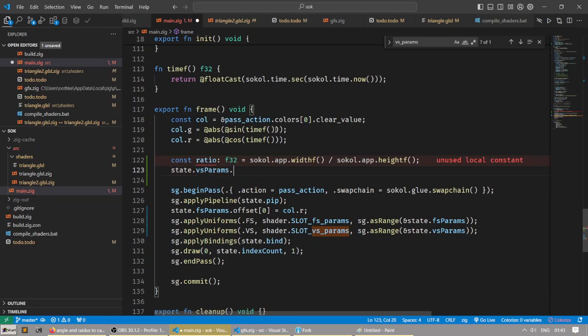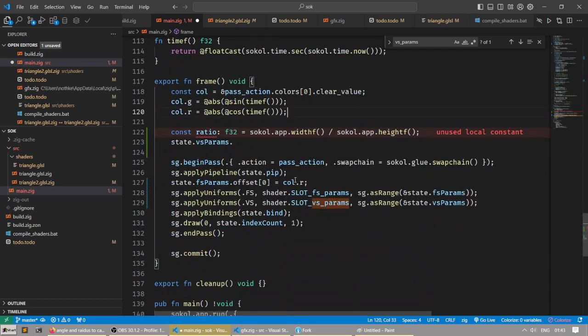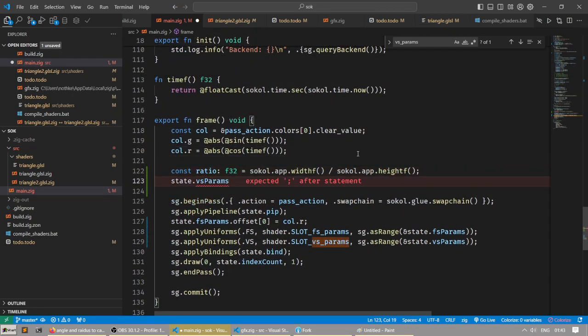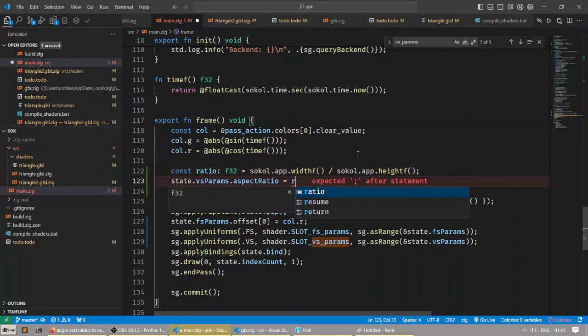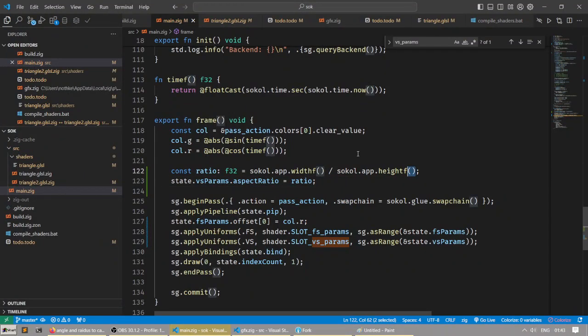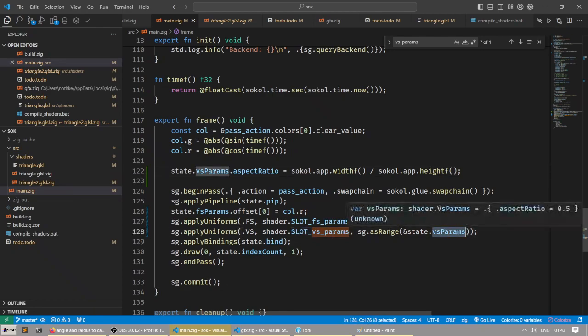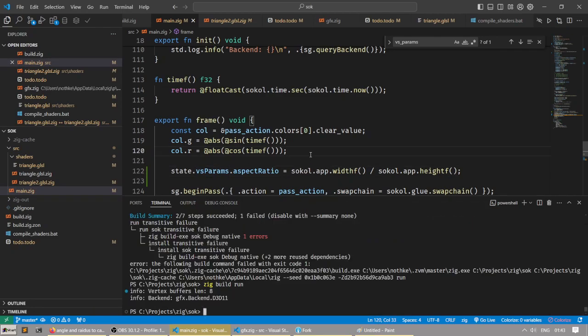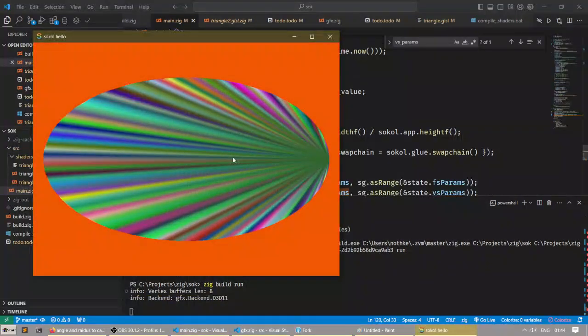Why doesn't it work? There's no IntelliSense. Okay, it's called aspect ratio, of course. Dot aspect ratio equals ratio. Well, we don't actually need the ratio. We can just automatically put it in here. All right, so now that I'm binding all these vertex shader parameters, we should have the aspect ratio applied because we're binding every frame.